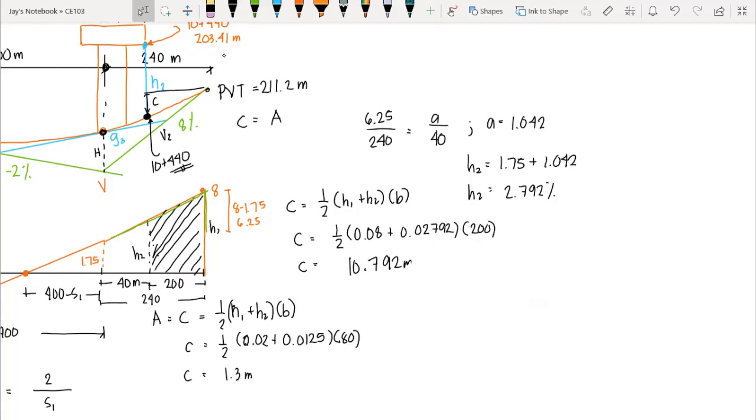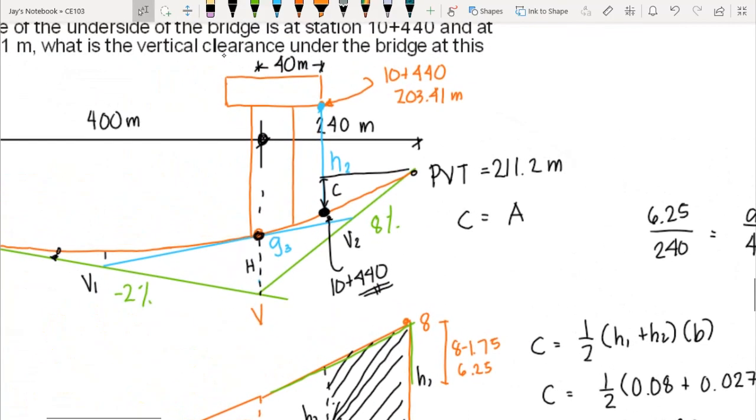So our C is equal to 10.792 meters. So the difference in elevation between the 10 plus 440 and PVT is 10.792. So again, this length is 10.792.